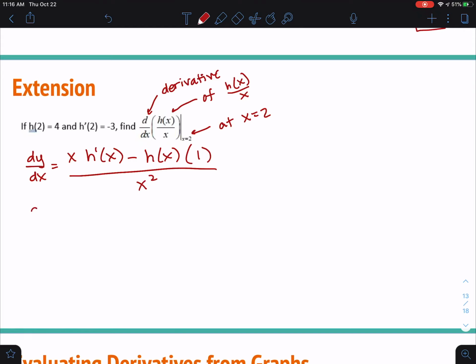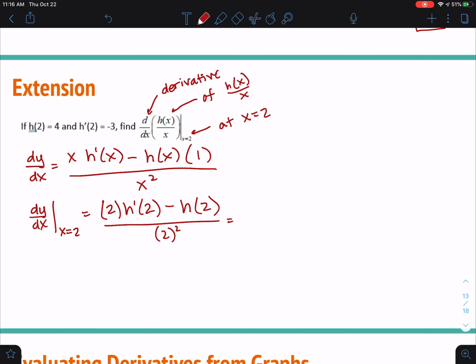So now if I want to find dy dx at x equals 2, I'm going to say, all right, well, I know that that's going to be 2 times h prime of 2 minus h of 2 times 1. I'm just going to skip out on writing that. So that's going to give me 2, and then h prime of 2 I know is -3 from the original equation. And I know h of 2 is 4 over 4.